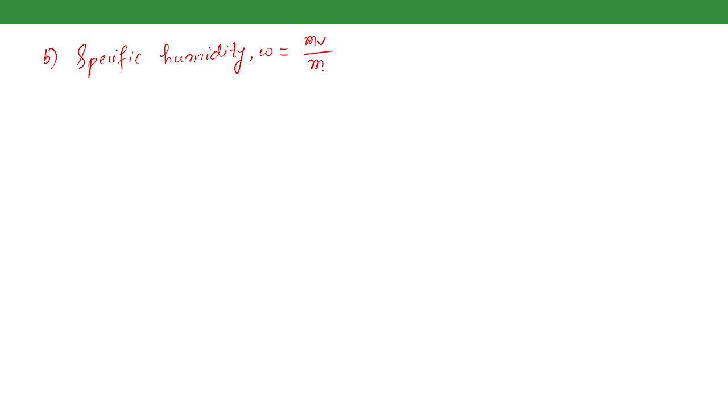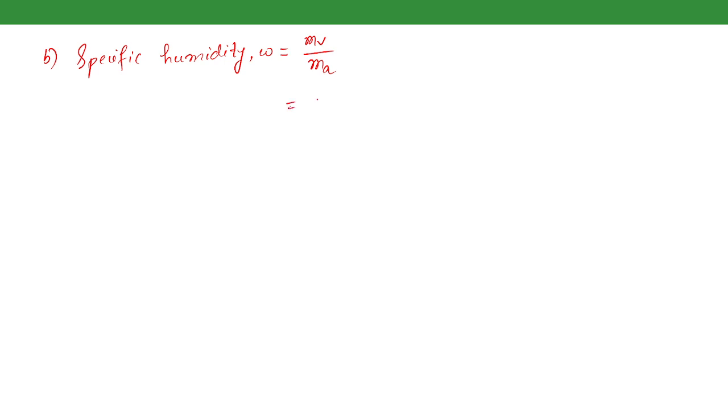Now the specific humidity. The specific humidity is the ratio of the mass of water vapor present in unit mass of dry air. Okay, so like the mass of vapor per unit mass of dry air.